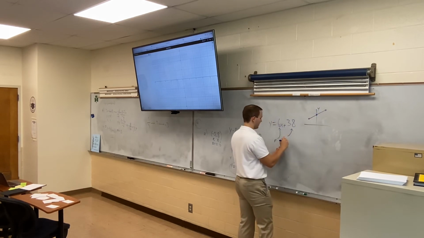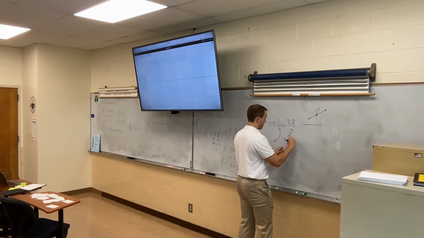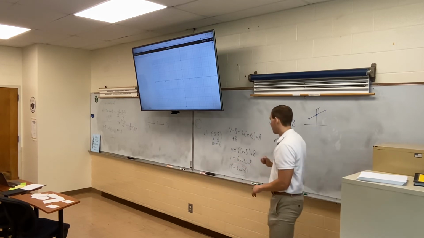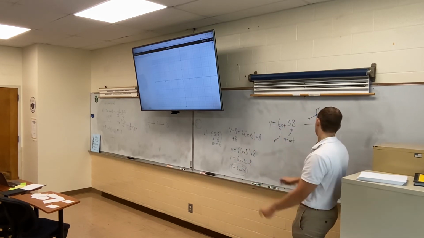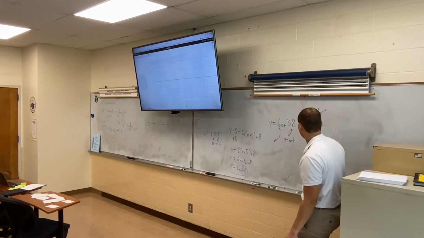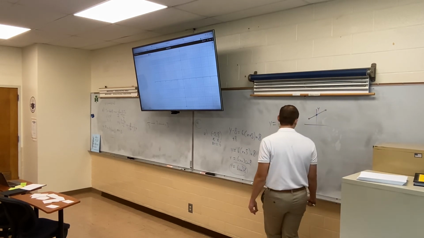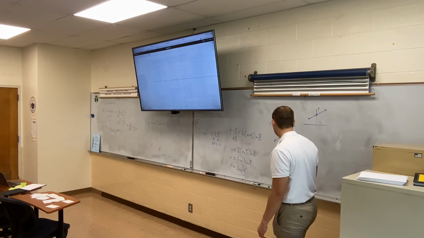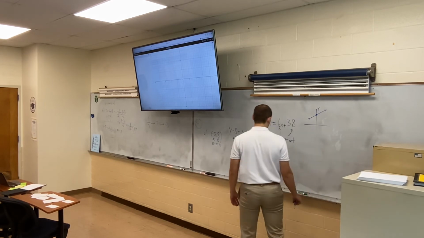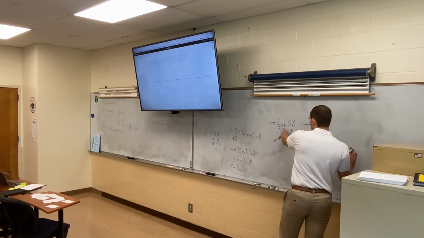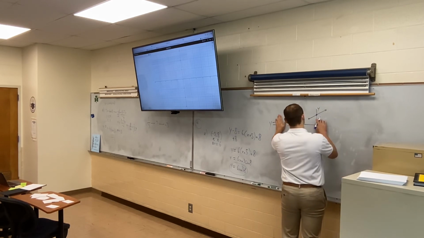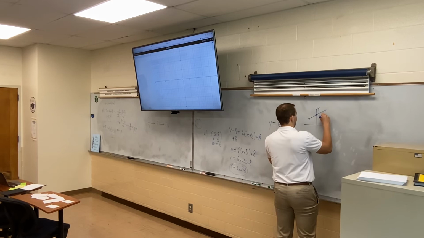So you just plug the point into point slope form and solve for y for slope-intercept form. The y-intercept is where x equals 0, so if I plug in x equals 0, I get y equals 38. So the y-intercept is (0, 38).